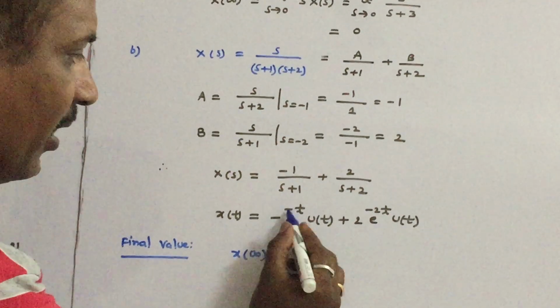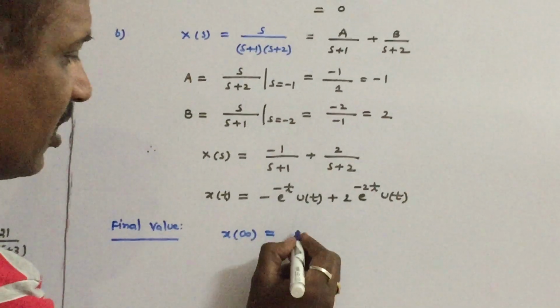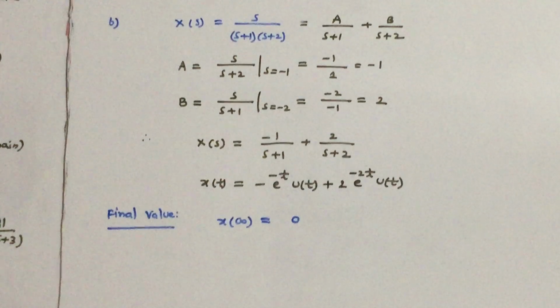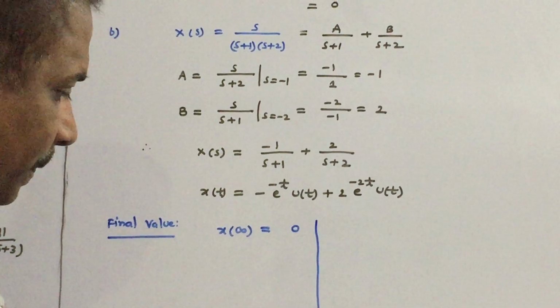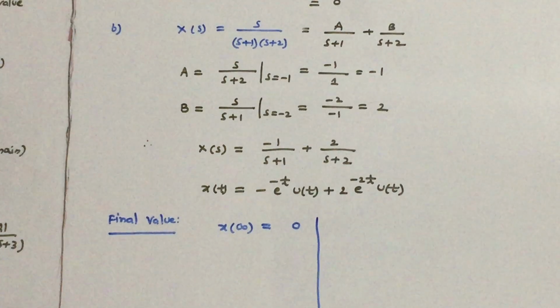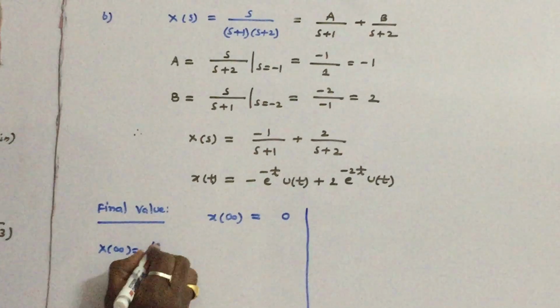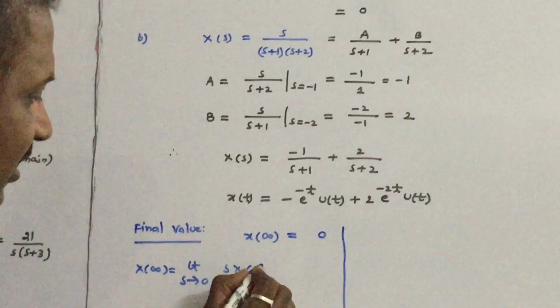So just substitute x of infinity, so t is equal to infinity. You can see that e power minus, if you substitute t is equal to infinity, this term is 0, so the final value is 0. So in Laplace transform domain, what is the final value formula? Limit s tends to 0, s into x of s.